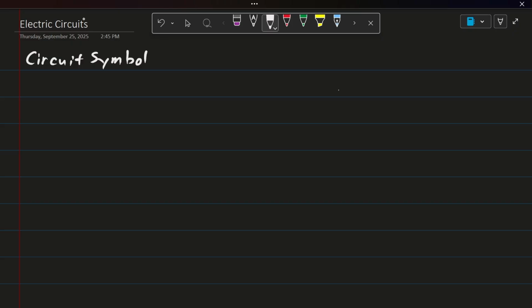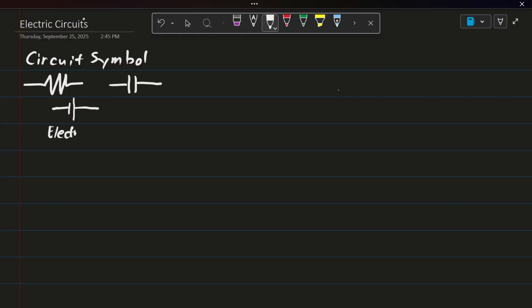So what are the symbols involved when you're dealing with circuits? You have the resistor, and you also have the capacitor. Those are the two things that we have already discussed previously. And also sometimes I write the voltage source, or sometimes you could call it the EMF, or the electromotive force.